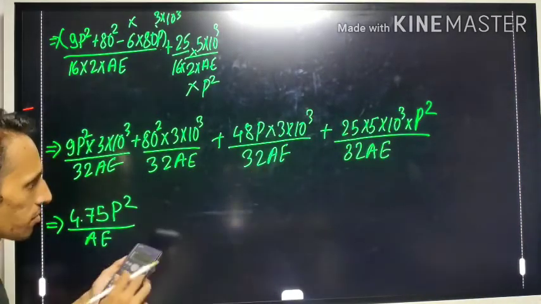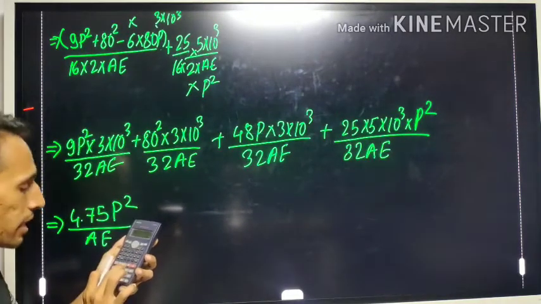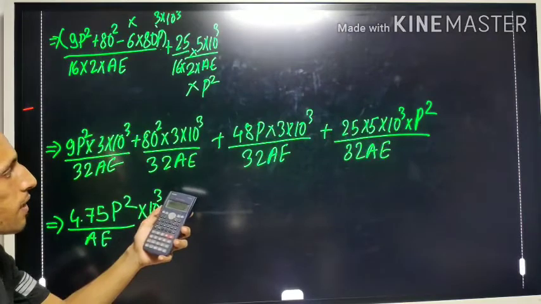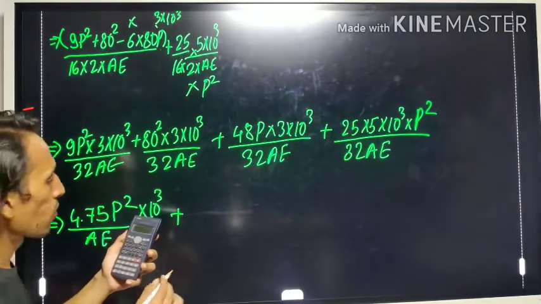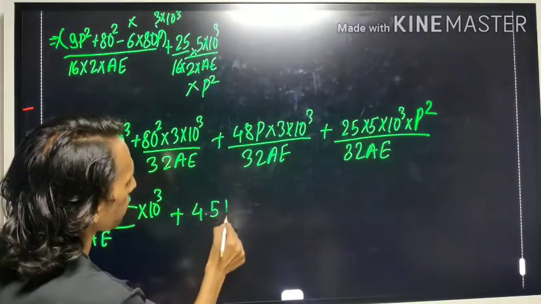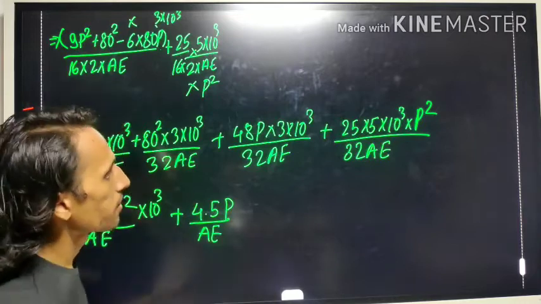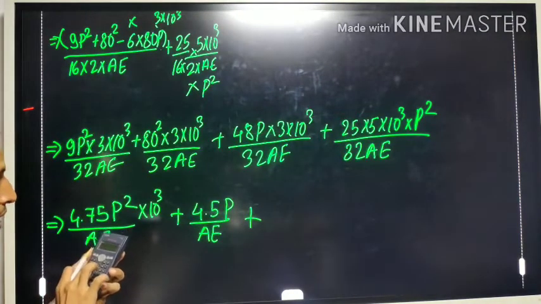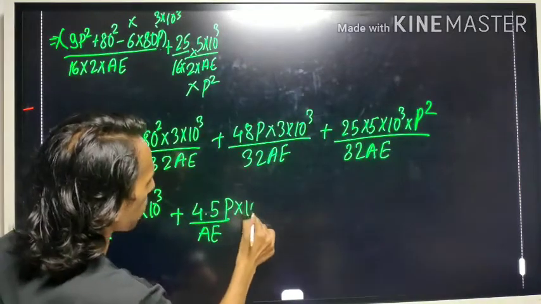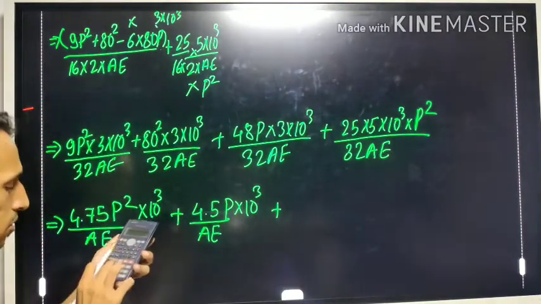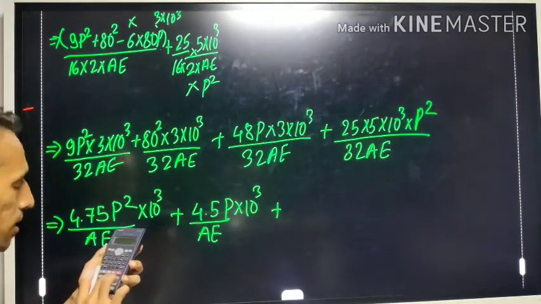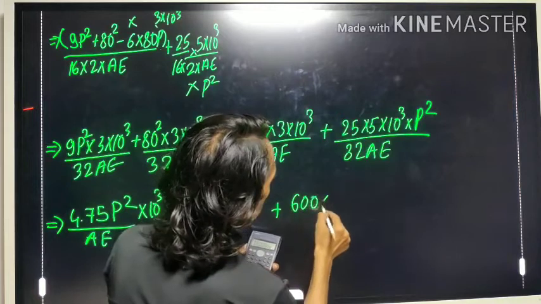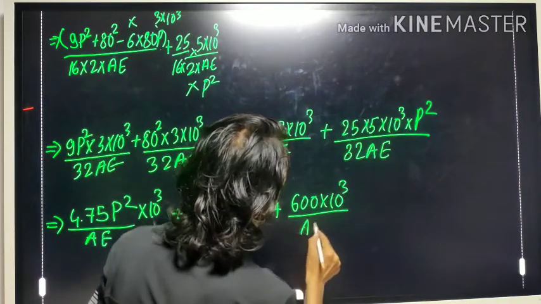Then I am writing this term, so it will be 48 into 3 divided by 32, so it is 4.5 P divided by AE, plus, and again it has to be multiplied by 10 to the power 3, so 80 square multiplied by 3 divided by 32, so this is 600 into 10 to the power 3 divided by 8.